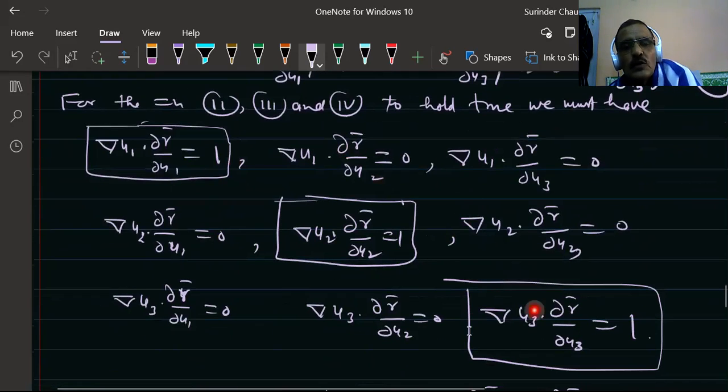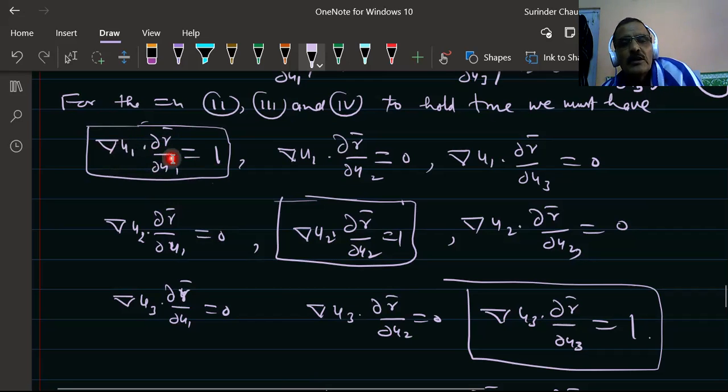From these 9 equations, del u1 is a normal vector to the surface u1 = c1, and ∂r/∂u1 is a tangential vector to the curve. Their dot product is equal to 1, which means they are parallel vectors.